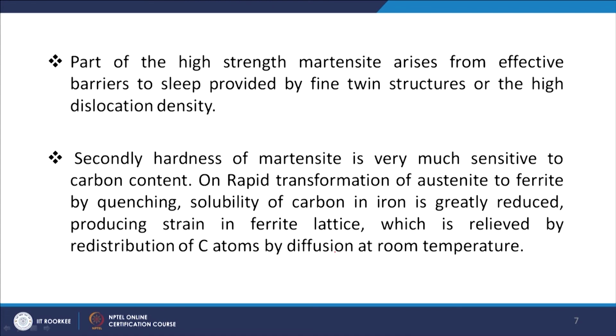That binding is set up between the dislocations and the carbon atoms, and that will restrict the movement of the dislocation, and that way the strengthening is achieved. So, ultimately, because of this interaction, because of the binding, the movement of dislocation is hampered and your strengthening is achieved.